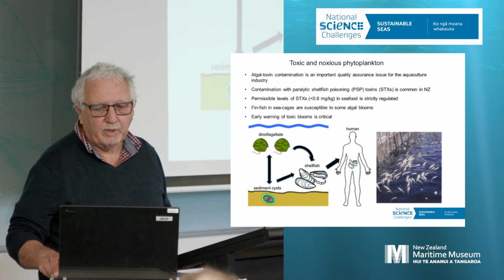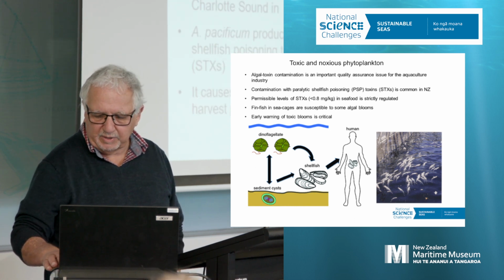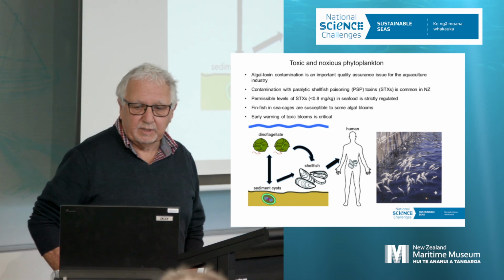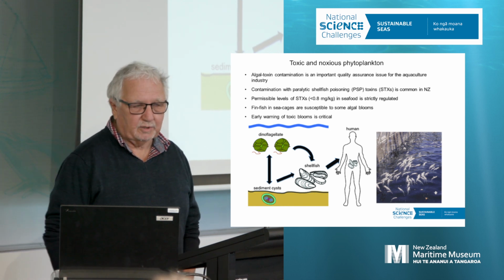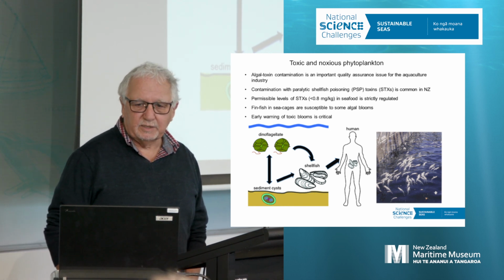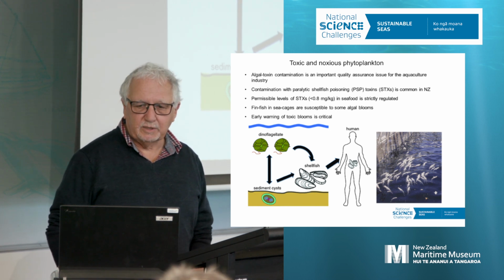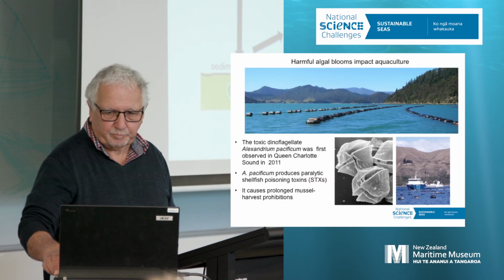And an early warning of the blooms is one of the main things that we're capable of doing. Oh, I should have mentioned too, it's not only the impact on shellfish, but also there are a number of species that are highly toxic to fish in sea cages, and the salmon industry is a fairly important industry in the Marlborough Sounds, and they from time to time have problems of this nature.